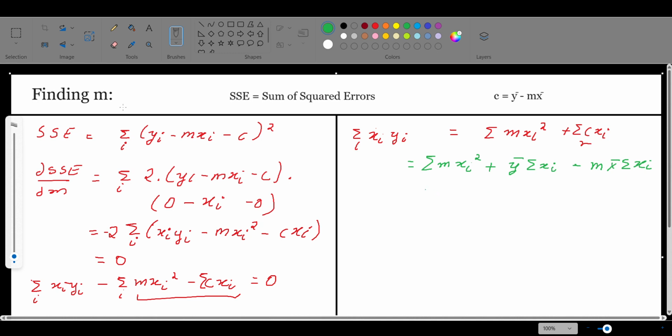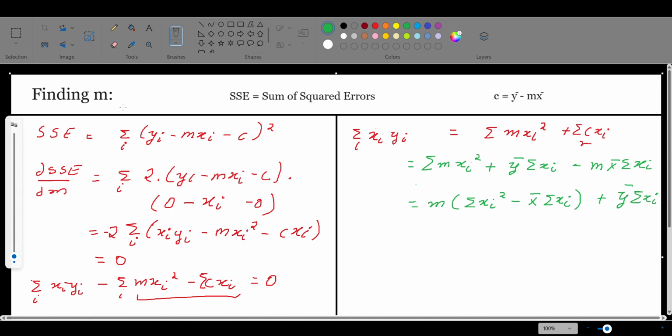Now let's get the m terms together. So over here you have m times summation of xi squared minus x bar summation xi. And we add the other term also, plus y bar summation xi.